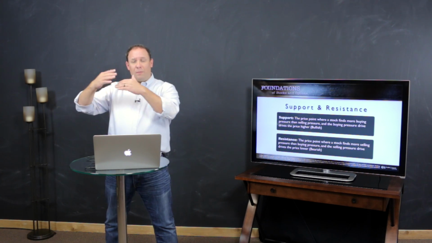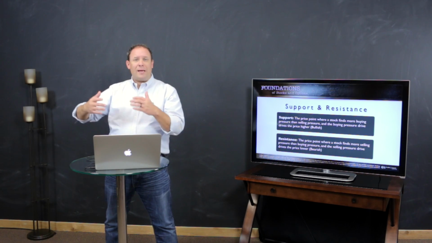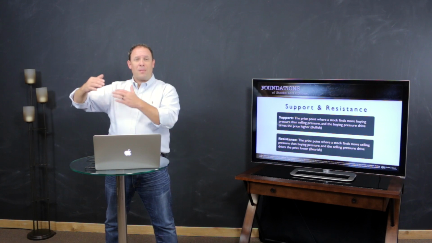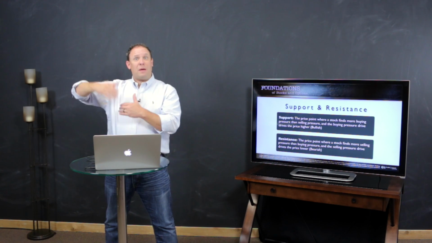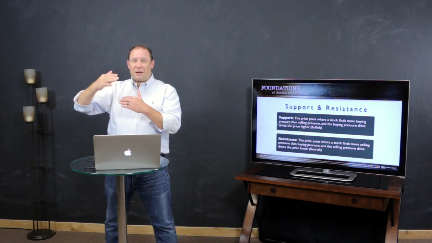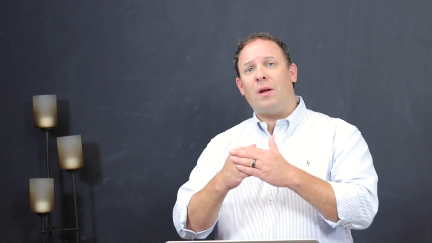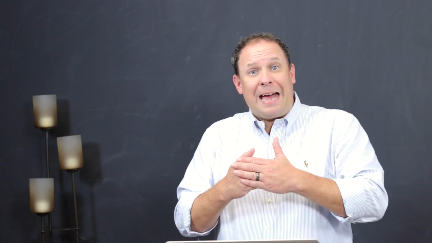So if you're on a multi-story building and you're jumping up and down and you keep running up into the ceiling, what happens? Well, eventually maybe you'll break through, but most of the time you're probably going to get a headache, right? The same idea is true with the price action of your stock. You have a stock and it keeps running up into a price point that is acting a bit like a ceiling, and every time we run into it, we get more and more selling pressure. This is the idea of support and resistance.